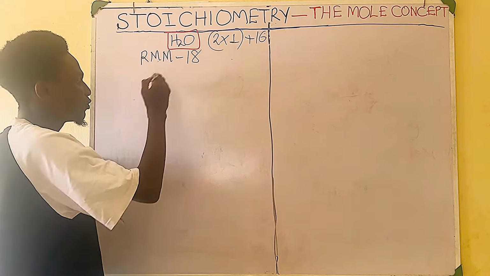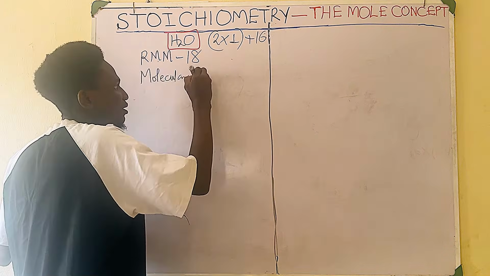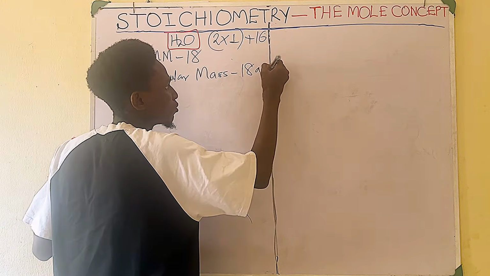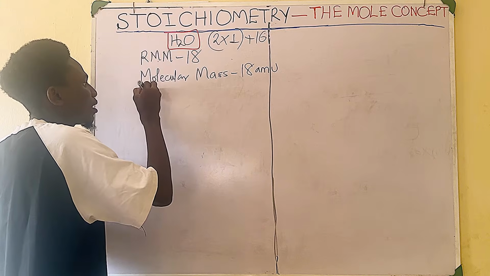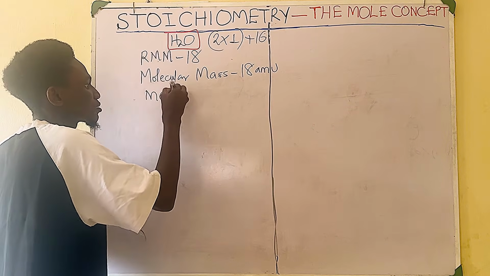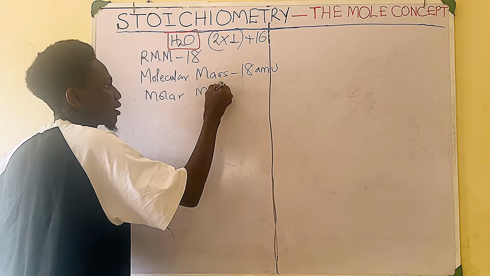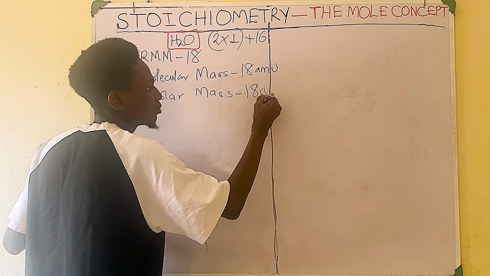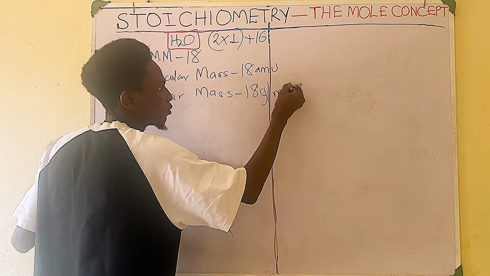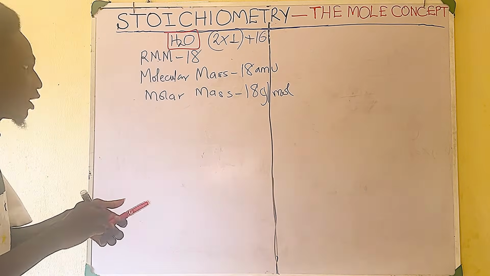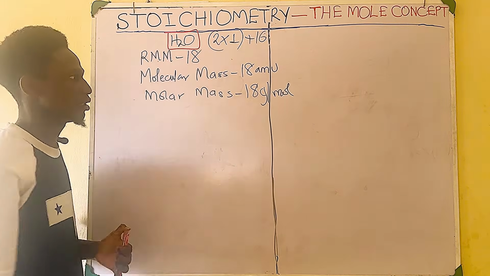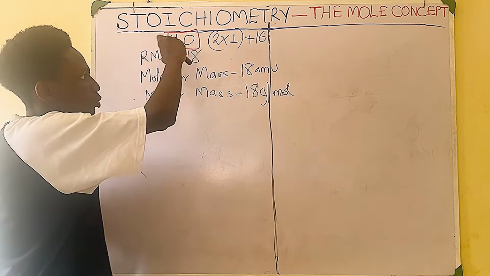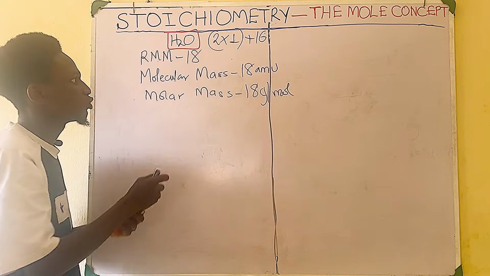It does not have units. Then we have the molecular mass as 18 AMU, then we have our molar mass as 18 gram per mole. So you see, they all have the same numerical value of 18. If you add up the relative atomic masses here, you're going to get 18.